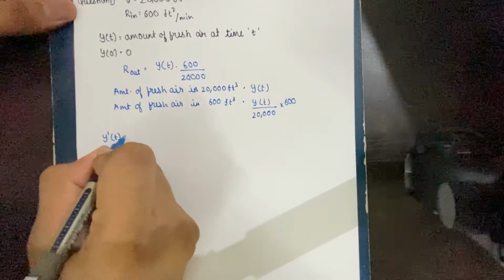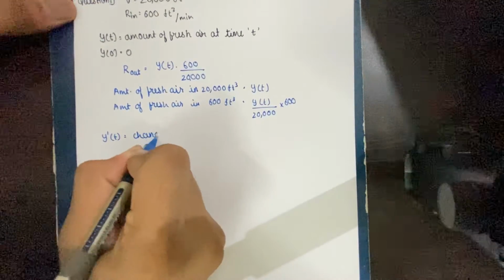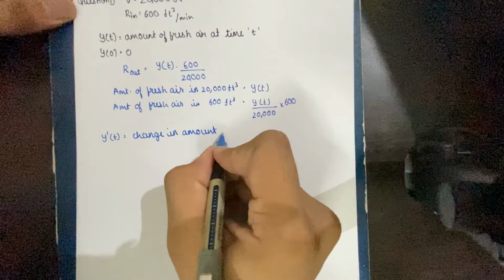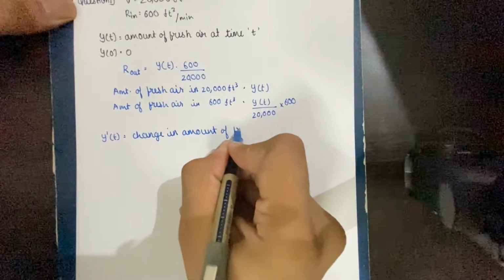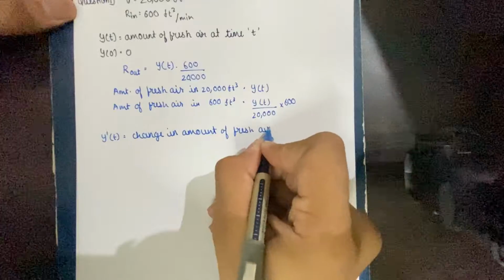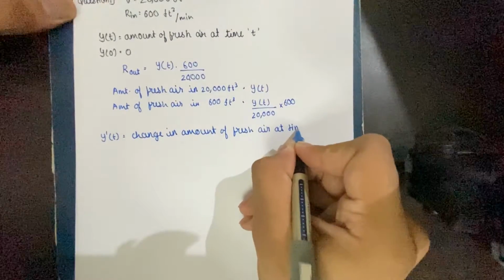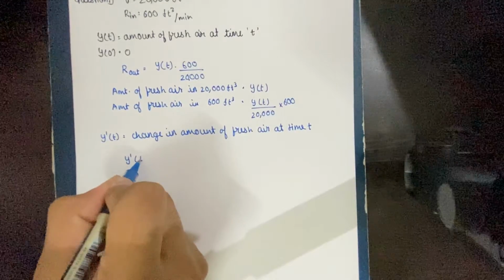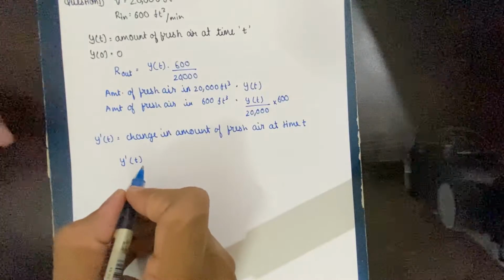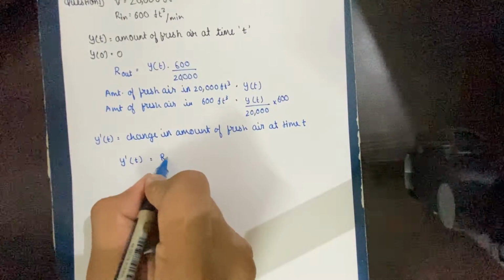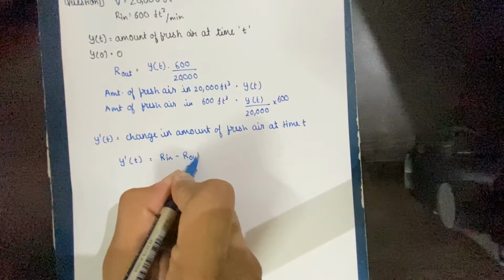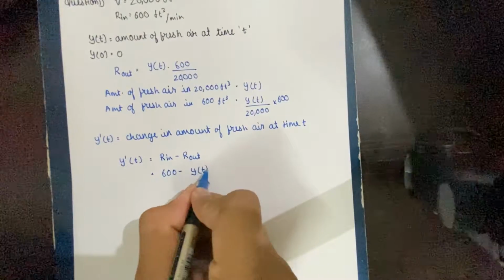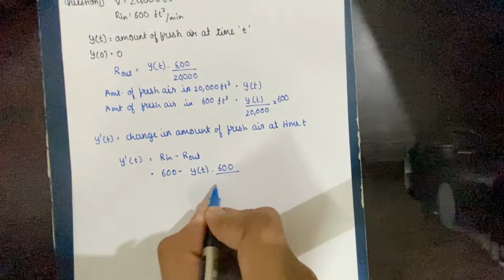Logically speaking, the change in the amount of fresh air should be the rate of inflow minus the rate of outflow, that is R in minus R out, and that is 600 minus y of t times 600 by 20,000.